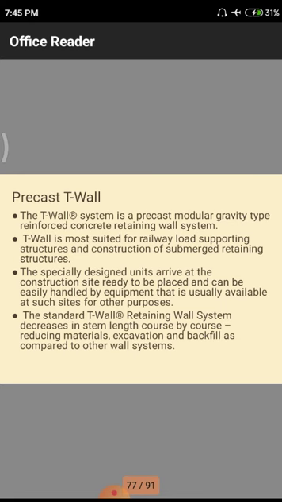Here the web we call the stem, and the flange we call the length. Those two lengths we are decreasing by utilizing these T wall systems, and we are reducing the quantity of materials required for construction in the industries, and also excavation and backfill as compared to other wall systems.